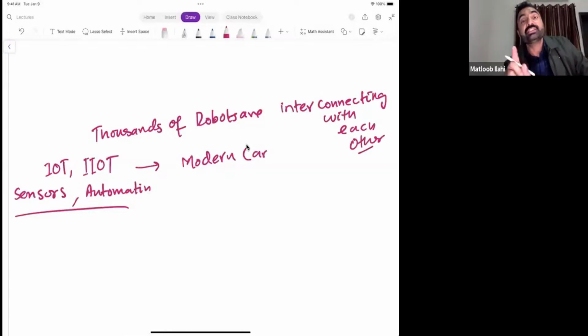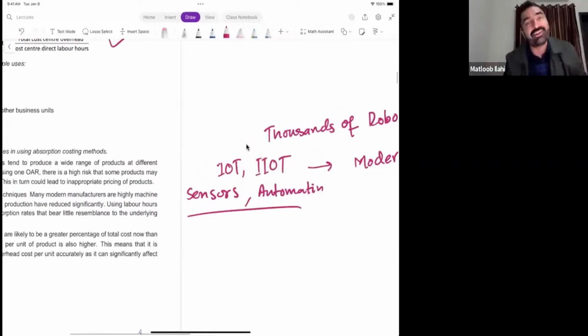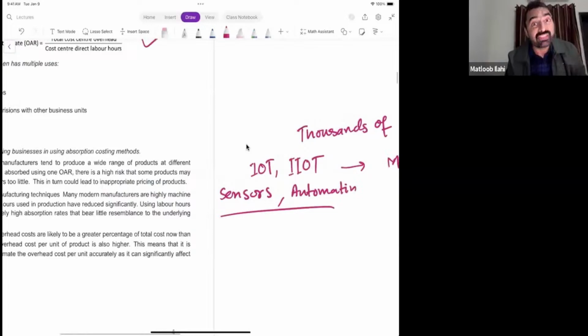If you want to know about this, just watch on YouTube any modern car assembly facility. You would be amazed at how robots are coordinating with each other. Have you watched any video where robots are painting, assembling cars, interacting with each other? You probably have. So that is the use of Internet of Things and Industrial Internet of Things. Basically, I want you to know what is modern manufacturing, what is complex manufacturing.